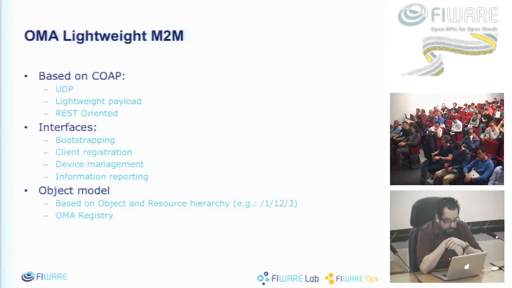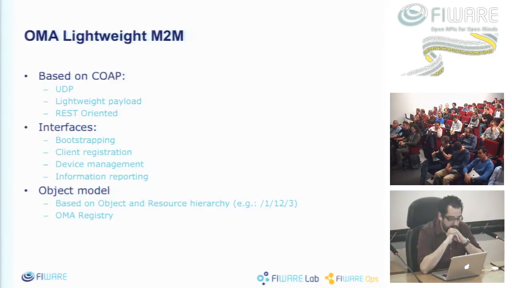Apart from the object model, the lightweight M2M protocol offers several functionalities divided into 4 interfaces. The bootstrapping interface that defines how a device has to be connected to the system, and you don't have to worry about this in this particular example. It defines how to connect to bootstrap servers or read from local sources and so on.